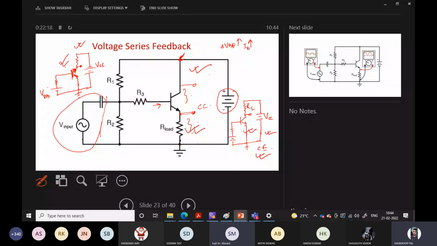Are you getting it? That will increase the collector current IC. Is it clear? Yes, sir.